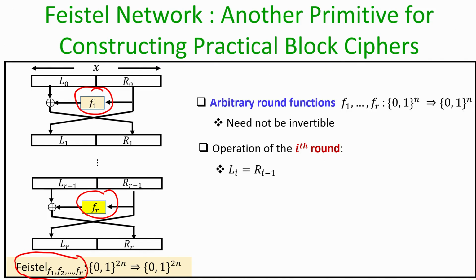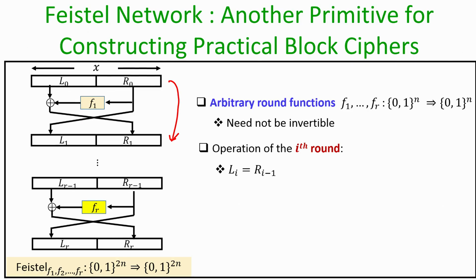And to recall how exactly the Feistel network operates, if I consider the ith round, say for instance the first round, the way I go from L0 R0 to L1 R1 is as follows.